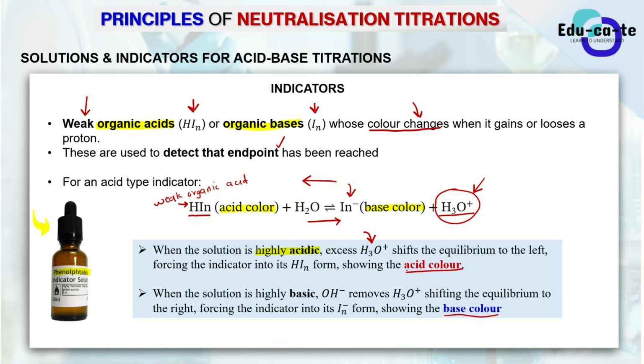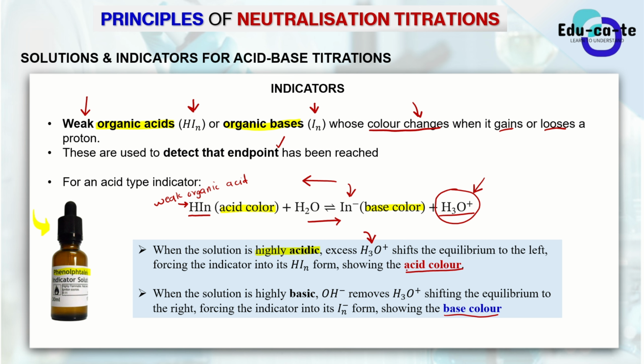But the whole point is, whenever we're having an indicator, it can change color. And when does it change color? It changes color when it gains or when it loses a proton. It can only gain or lose a proton when it reaches the endpoint, because at the endpoint we know that at least the equivalence point has already been reached. The number of moles of the acid are already equal to the number of moles of the base.